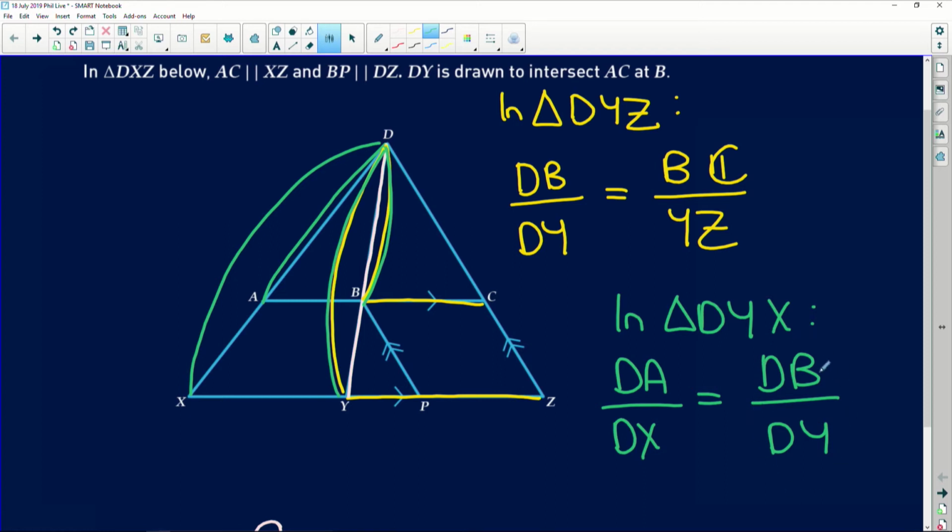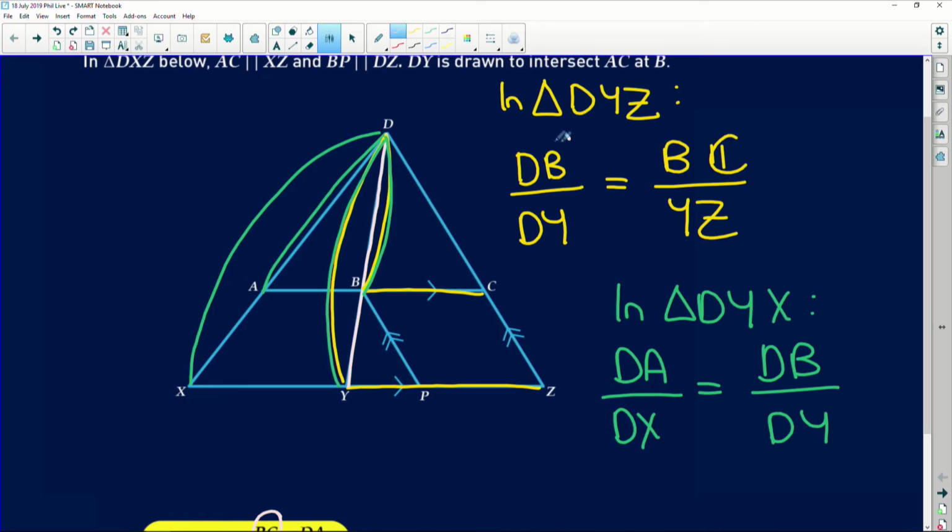So the moment you need to try and prove ratios, guys, if you have two different triangles that involve the ratios that you're trying to find, try and find a side that they have in common, because if you can relate the one side to that triangle and to the other triangle, you can equate them together, which is where this ratio equation comes from. Okay, so that's what we've done here. We've got DB over DY over there, and DB over DY over there.